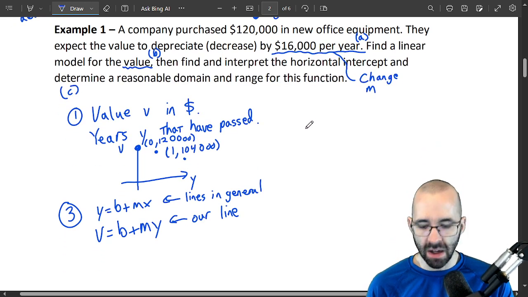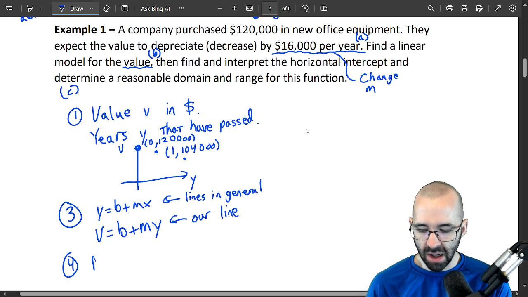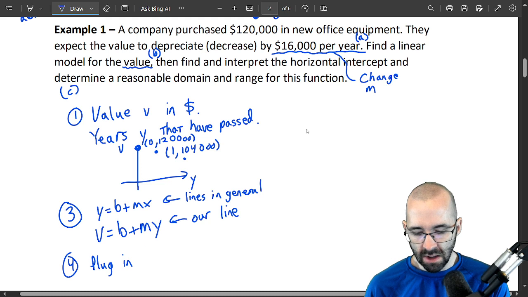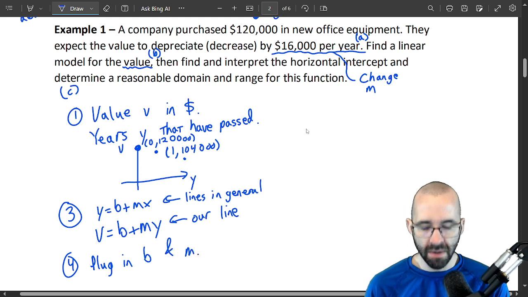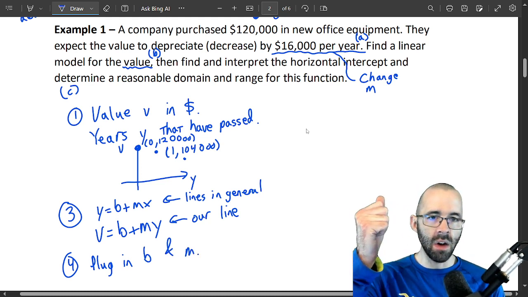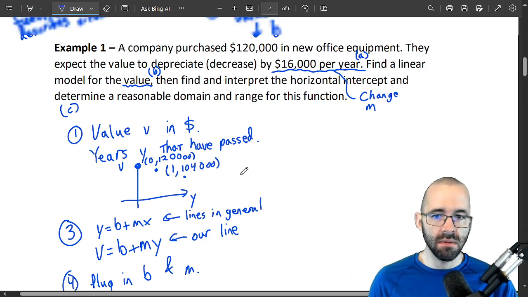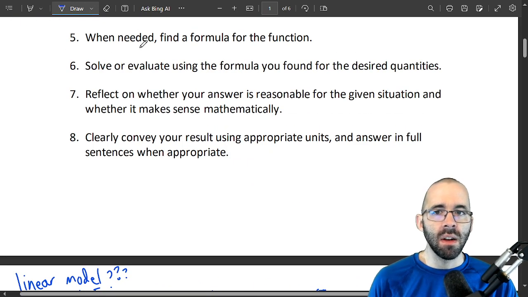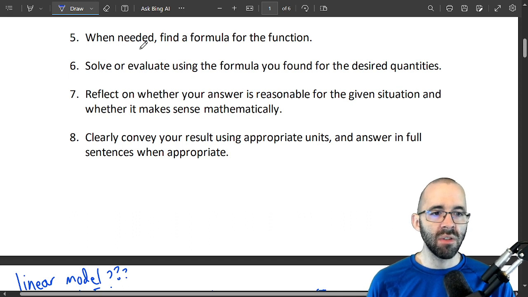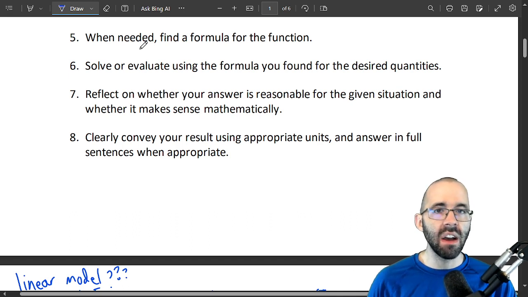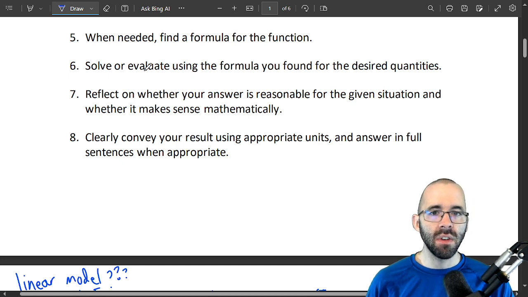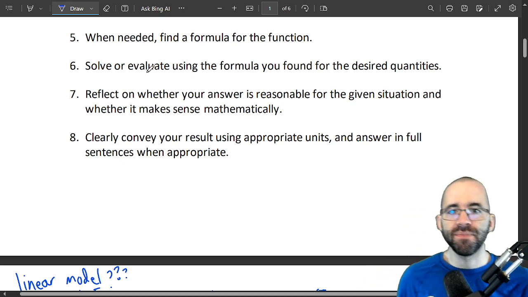Our solution pathway is just plug in b and m. That's how we can go from what we know in number 2 to what we need in number 3. Number 5, when needed, find a formula for the function. We already took care of that. Y equals b plus mx. Solve using what we've done.